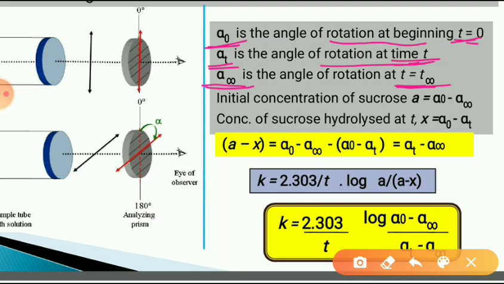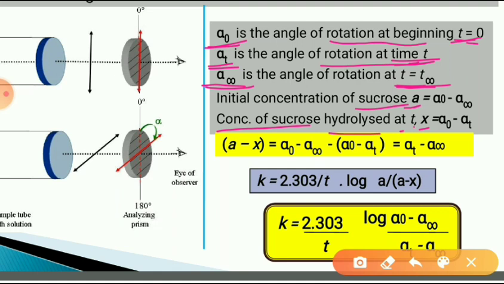So from this we can say that the initial concentration of sucrose, given by small a, in terms of angle of rotation is alpha 0 minus alpha infinity. And the concentration of sucrose hydrolyzed at time t, that is x, is alpha 0 minus alpha t. So these are the terms we have, x and a.